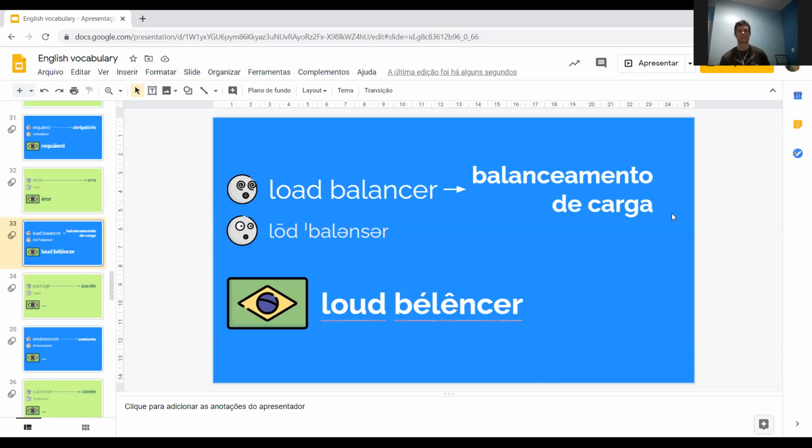Right. Okay. So it's a tough one to put in a sentence. So it's very hard to put in a sentence. Load balancer. So tell me what it is. It's very hard for me to explain. You know what?